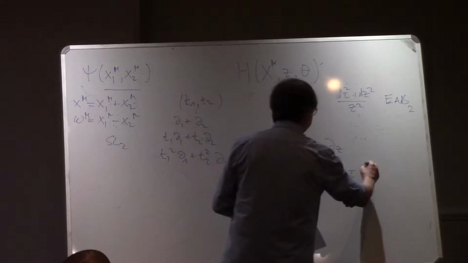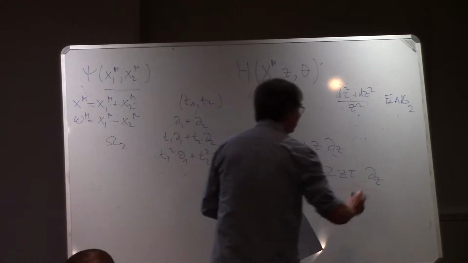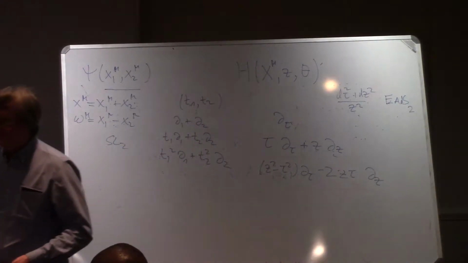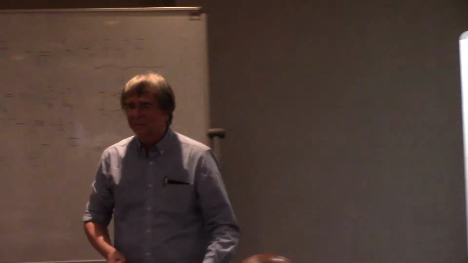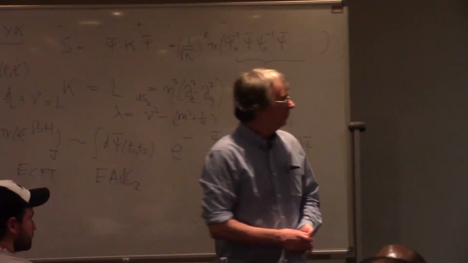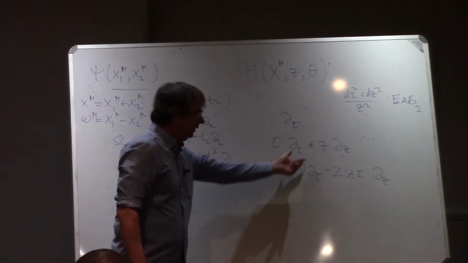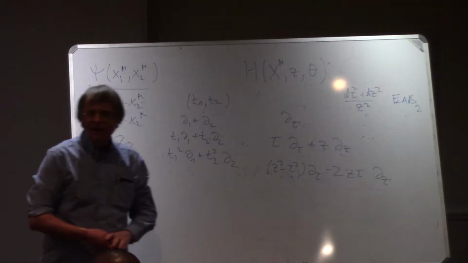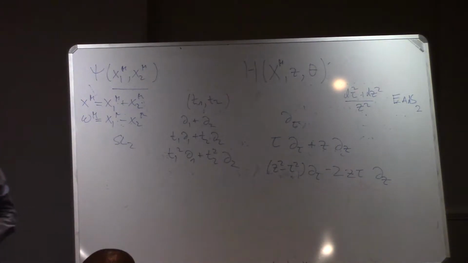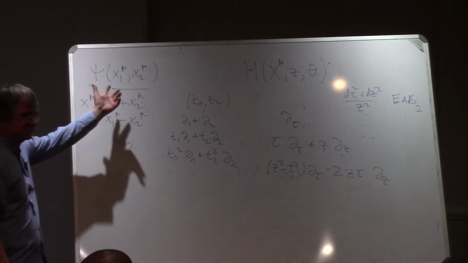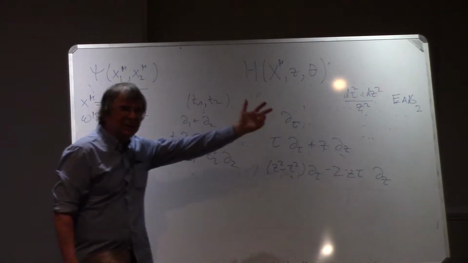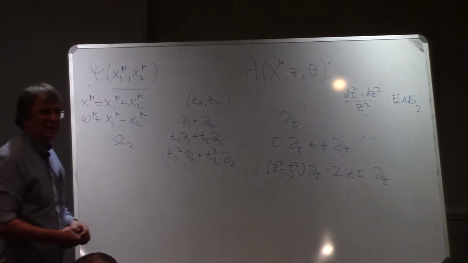This is d tau, this is dz. Okay? And now you say, oh, I could just find the change of variables from t1, t2 to z and tau, and that change of variables will tell me what is the relationship between bilocal space and an AdS space. Is that okay?